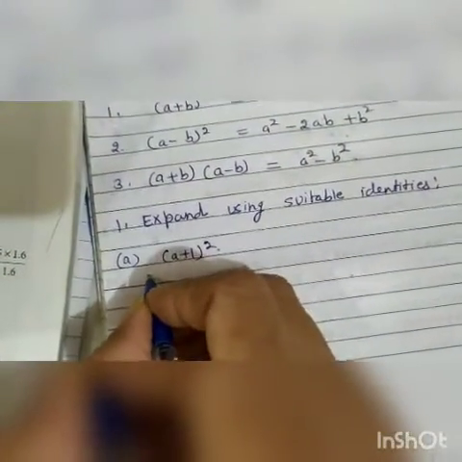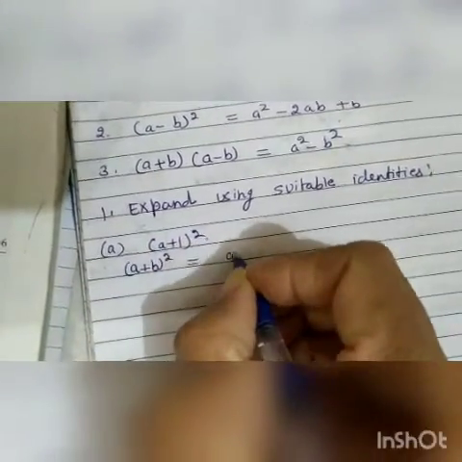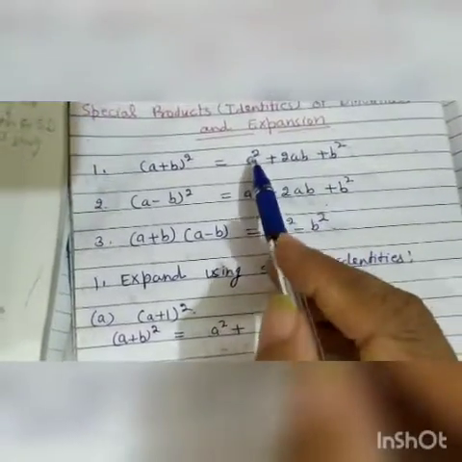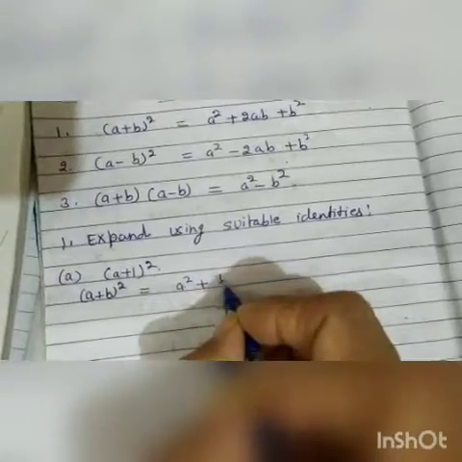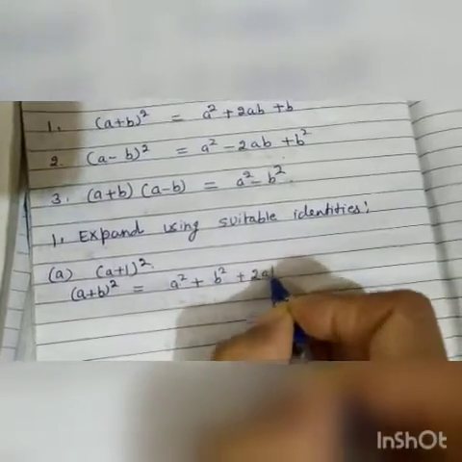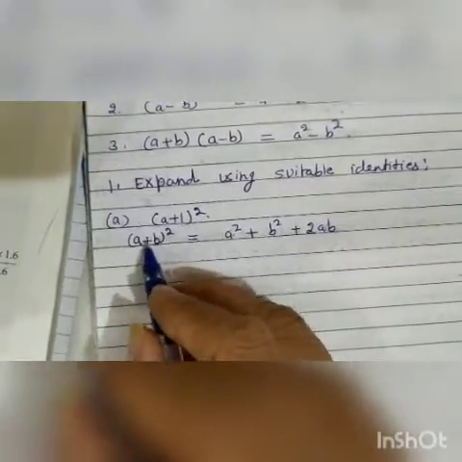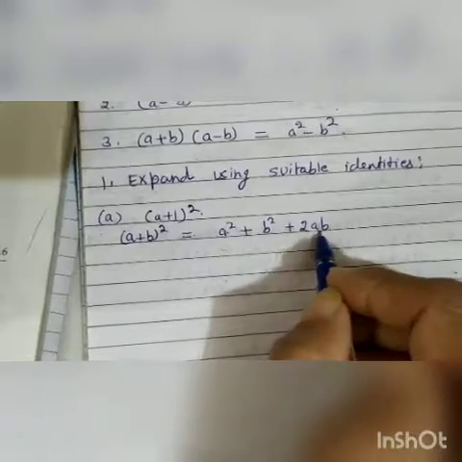Students, I am writing this identity in this way: a square plus b square plus 2ab. We can write it in this way also. This is not wrong. So a plus b whole square is equal to a square plus b square plus 2ab.